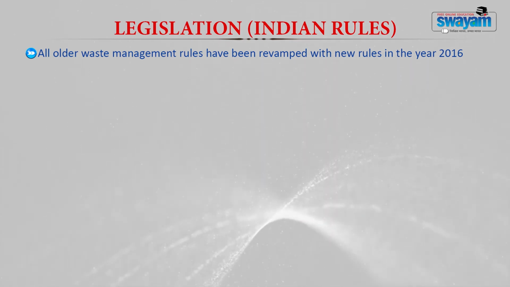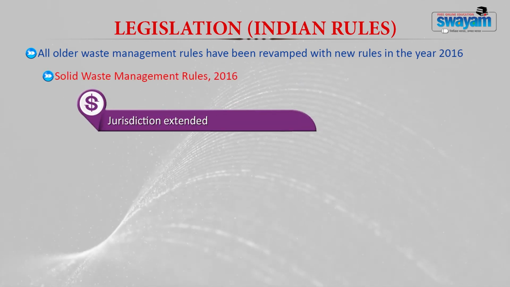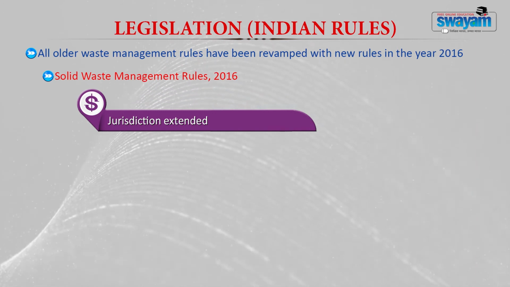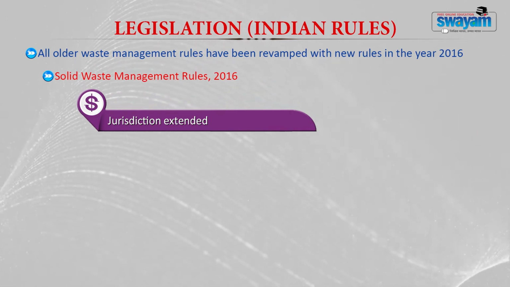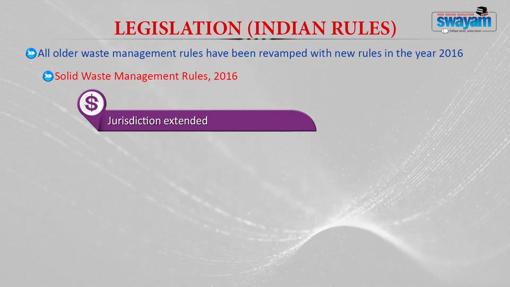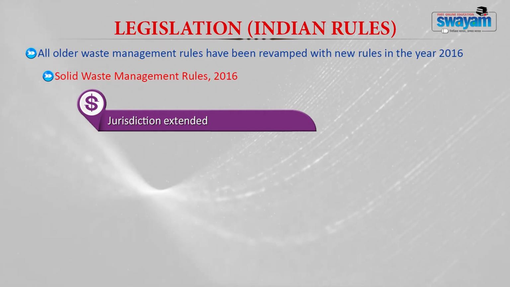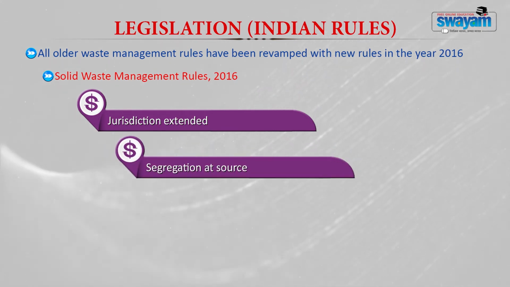When you talk about the solid waste management rules, here the jurisdiction of the rule has been increased. The previous rule spoke only about the municipality, now it has been extended to the urban area, rural area, agglomerates and everything. Then it also talks about the segregation of waste at the source.